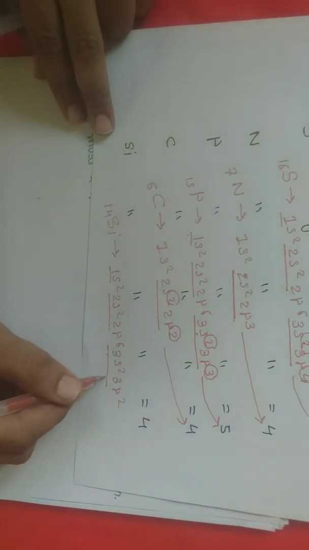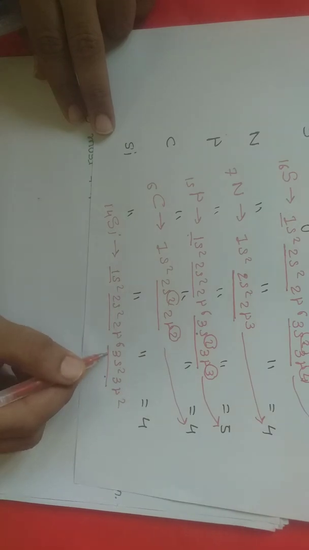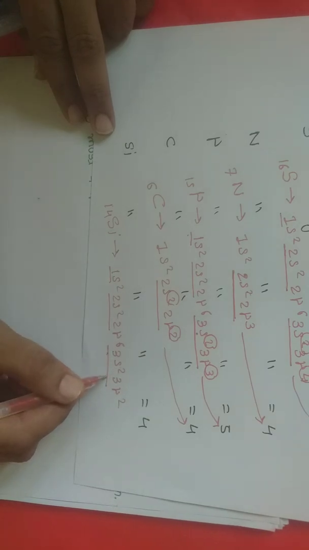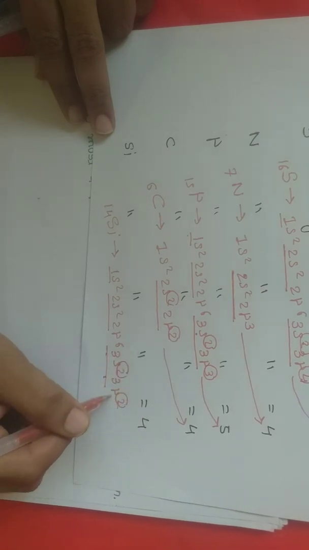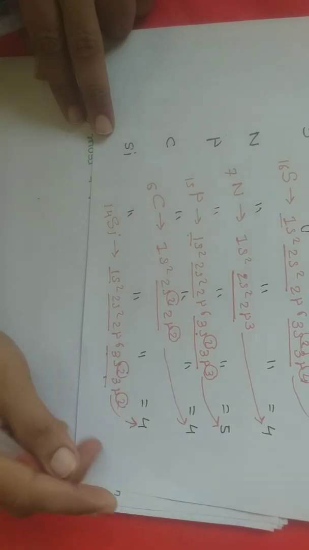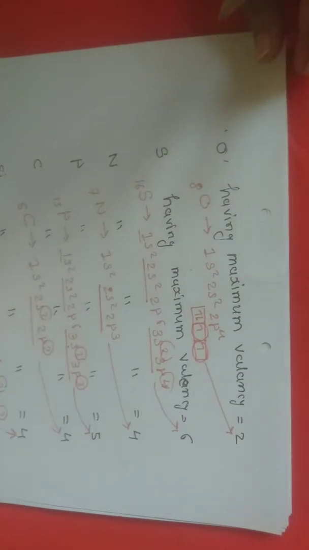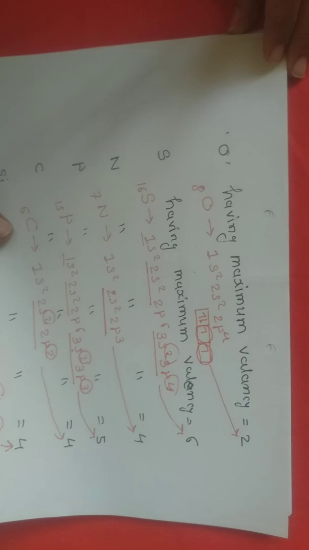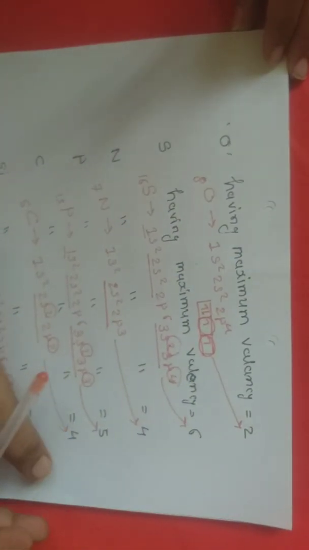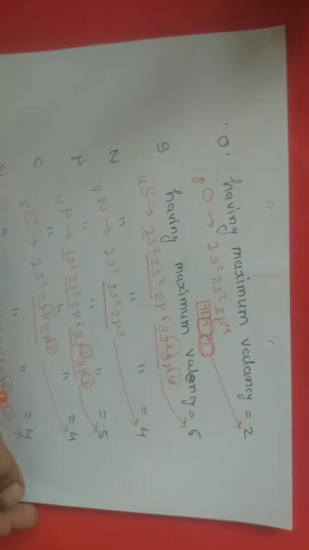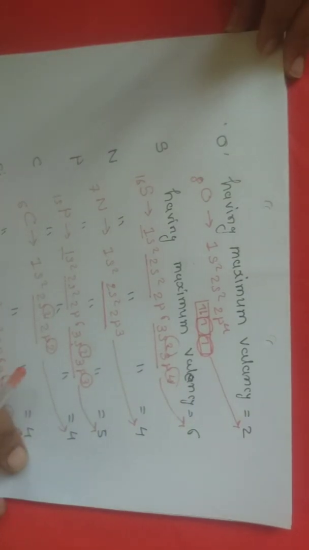The third energy level is the outermost orbit, identified as the valence orbit, and in the valence orbit there are a total of 4 electrons, that's why its valency is 4. In this way you can calculate the valency of any element, if you know the detailed electronic configuration. How to draw the detailed electronic configuration, we have a special video for this on our channel.